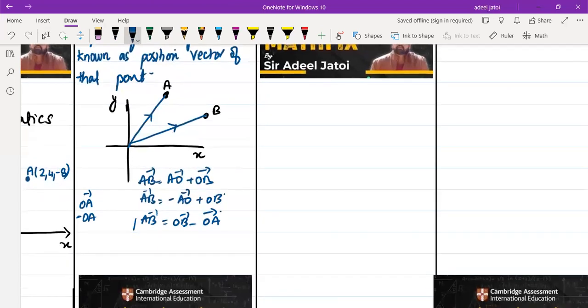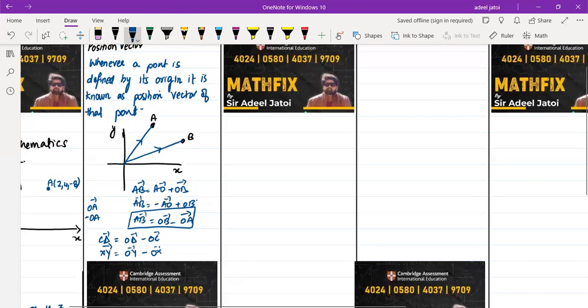So this was the position vector used in O levels, where we could always say that CD is OD minus OC, XY is OY minus OX. So these were your vector positions.